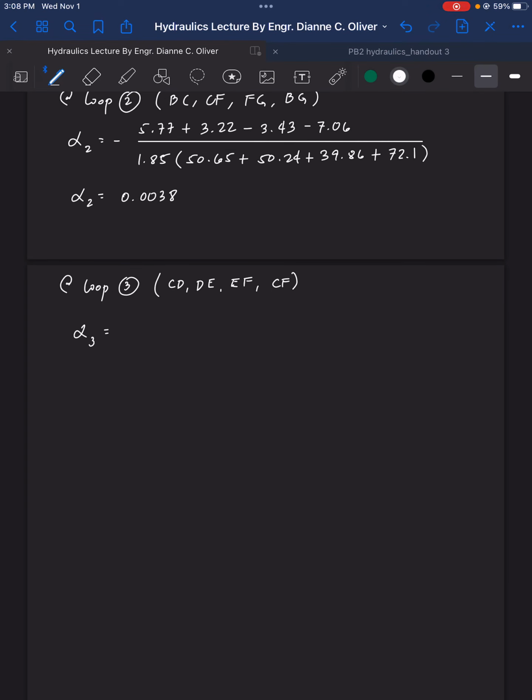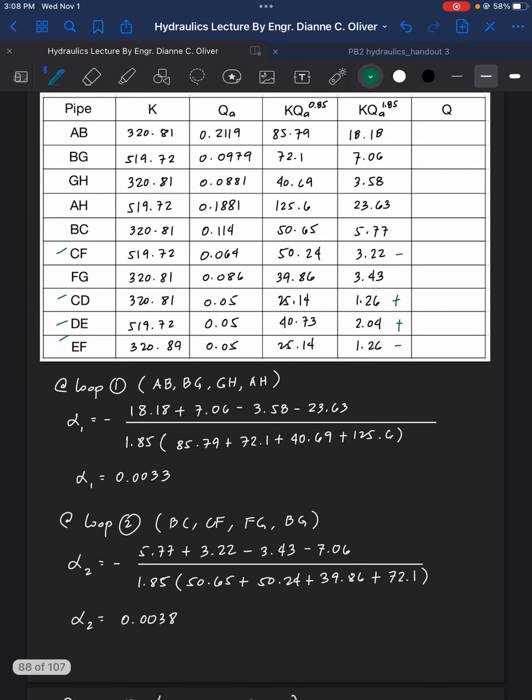So alpha 3 is equal to negative 1.26 plus 2.04 minus 1.26 minus 3.22. This is all over 1.85. And then the value of DE here is a CD: 25.14 plus 40.73 plus 25.14 plus 50.24. So we got it from here.